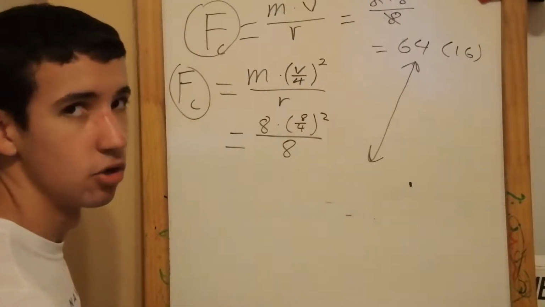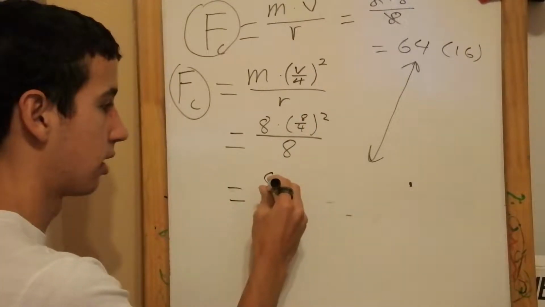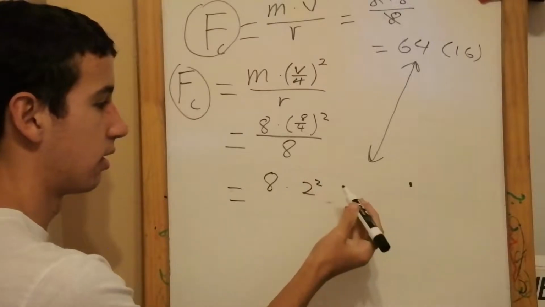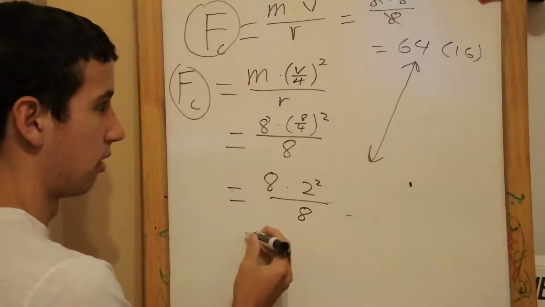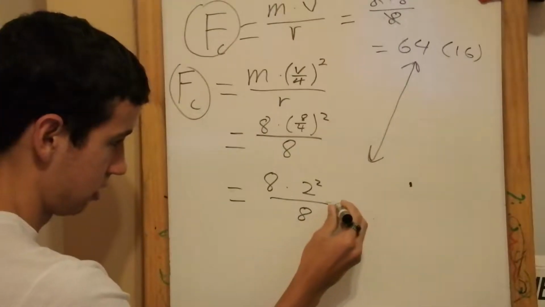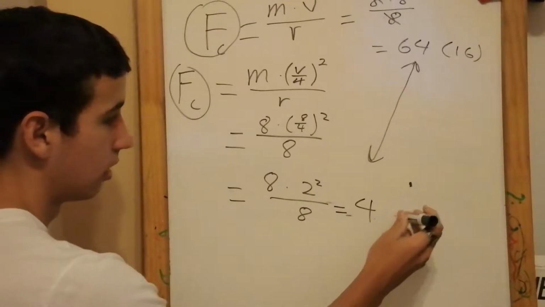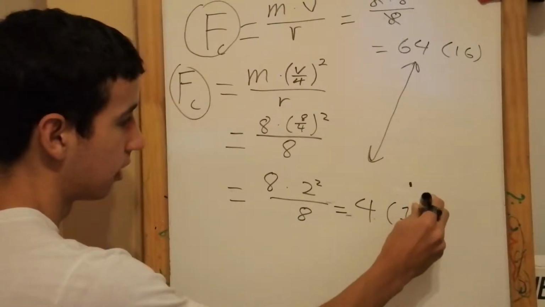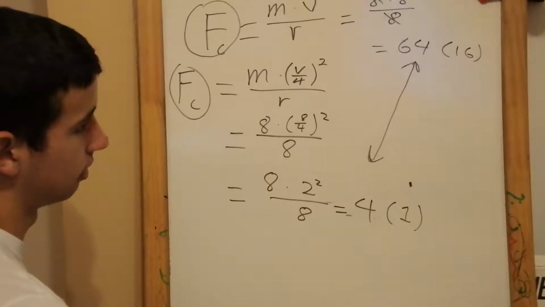Squaring that, major pain. But squaring 2, that's just a simple 4. 2 squared is 4. And so our answer will come out to 4. Before, it was 1.